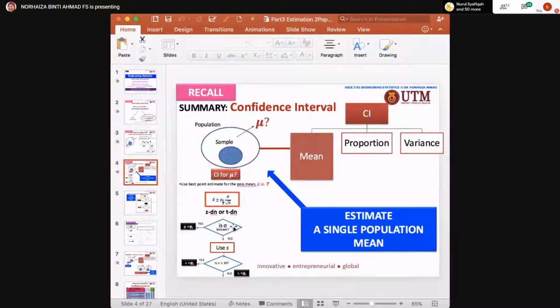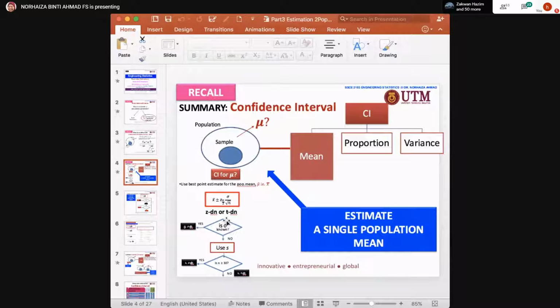This is the algorithm we normally base on: if we do not know the value of sigma, we use the estimate S, and then we check whether the sample size is large or small. The sample size determines whether you use a Z distribution or a T distribution. But this is only true when you do not know sigma.